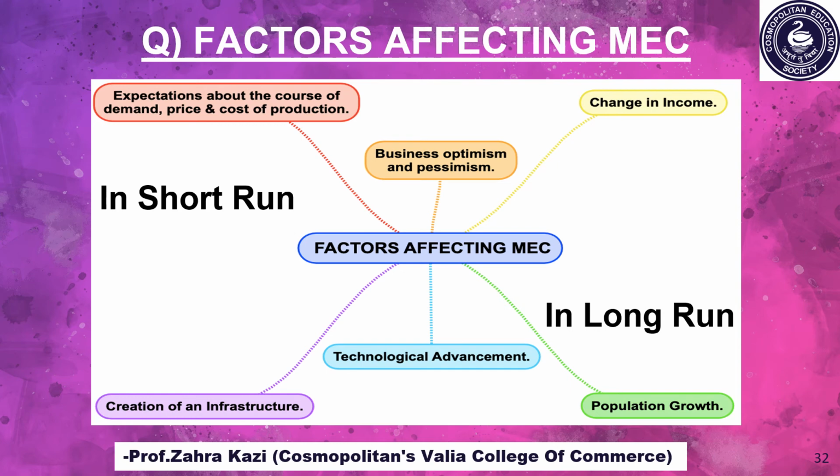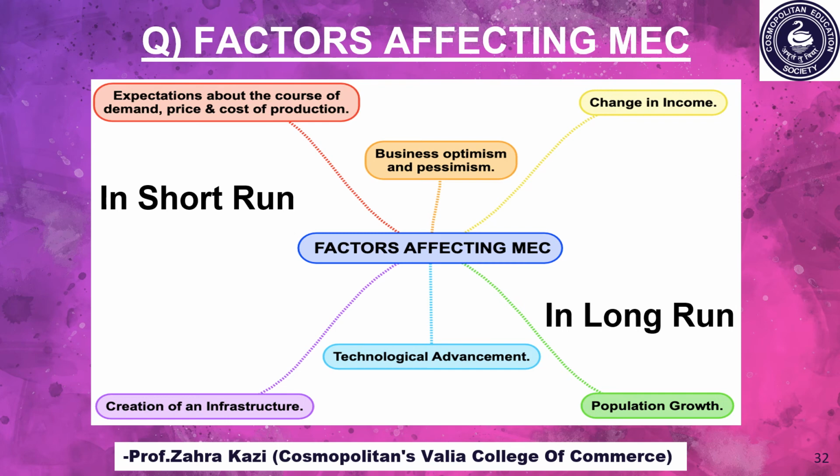If the business community expects the demand for goods to rise and their prices to rise further, which would be more than their cost, then there will be a high MEC. On the other hand, if entrepreneurs expect the demand for goods to fall and prices to fall lower than the cost of production, then there will be a declining MEC.